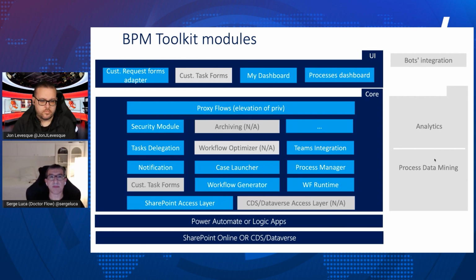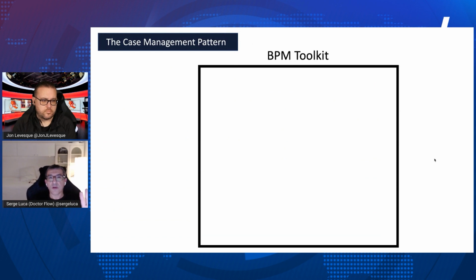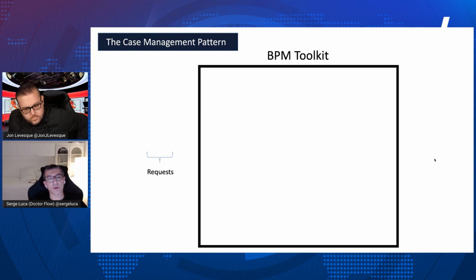Cool. Yeah. The basic pattern behind the BPM toolkit is what I used to call the case management pattern, which is the following. You create your own requests, like an order, for instance, or a part-time request. You have to define your own custom list for each request.